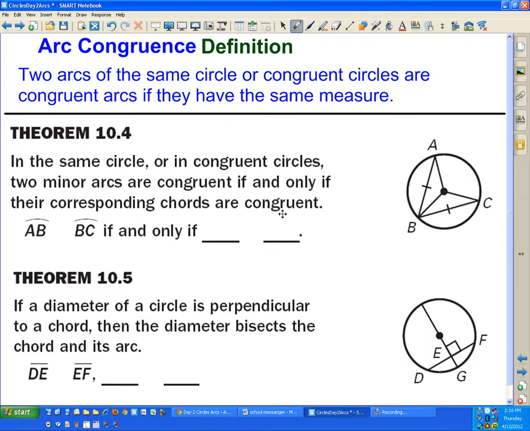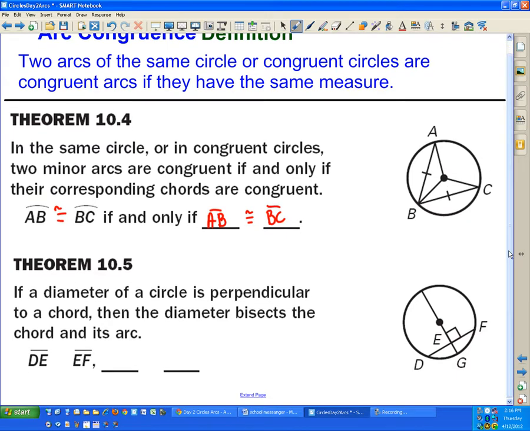So arc AB would be congruent to arc BC if and only if segment AB is congruent to segment BC. Now you can see why the little arc symbols are important, because even though they're the same letters, one of them is a straight line to represent a segment, a chord, and the other one is an arc to represent that you're going around a curve on a circle.